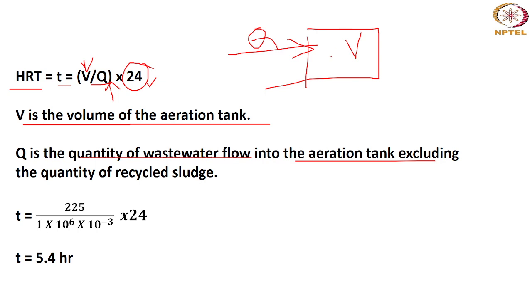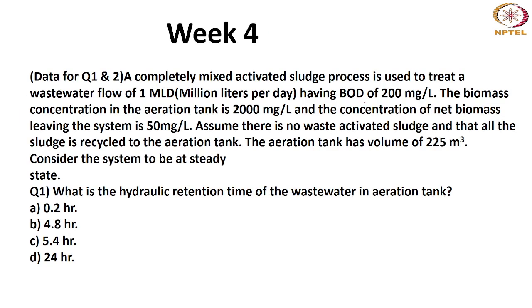So V divided by Q will basically give you the hydraulic retention time, how much time the water which is coming here is staying inside this volume. That is the main concept behind this HRT. So you just have to put the values. It was 225 meter cube.